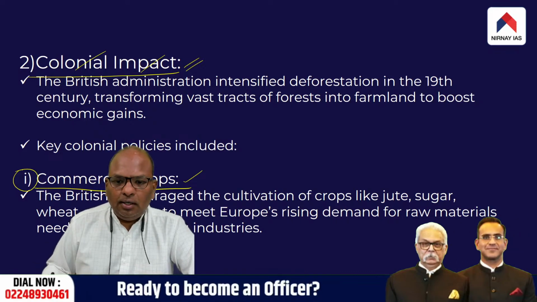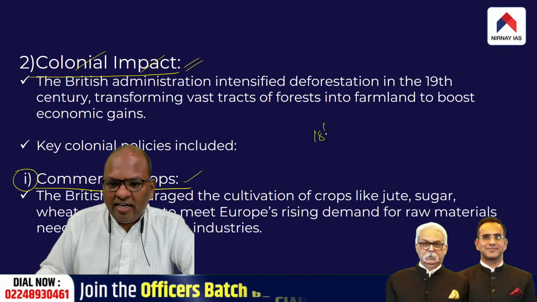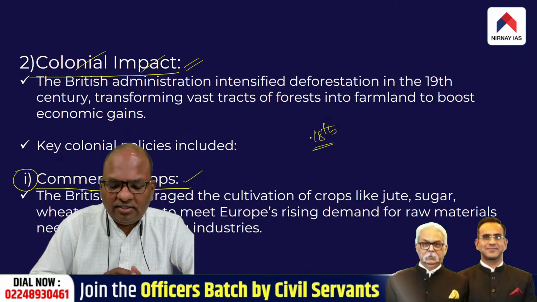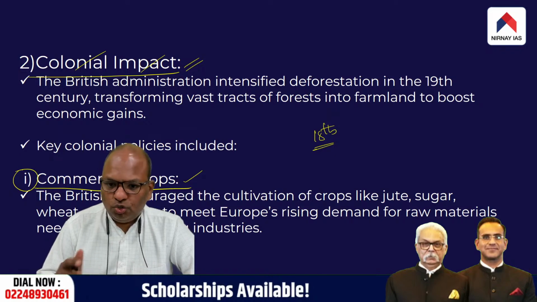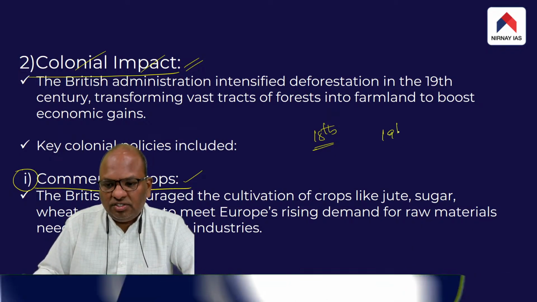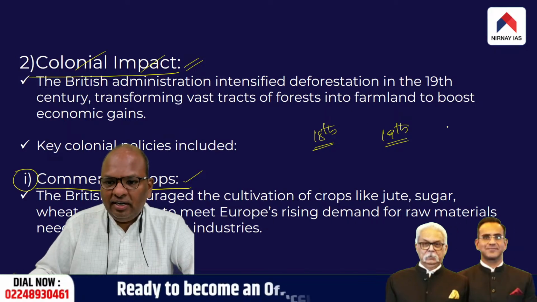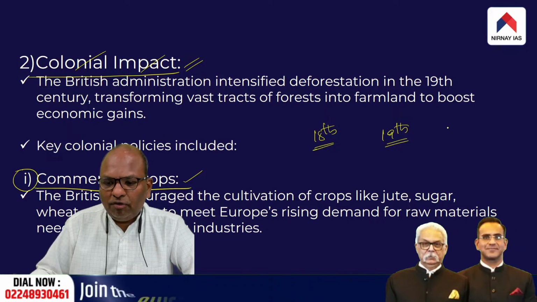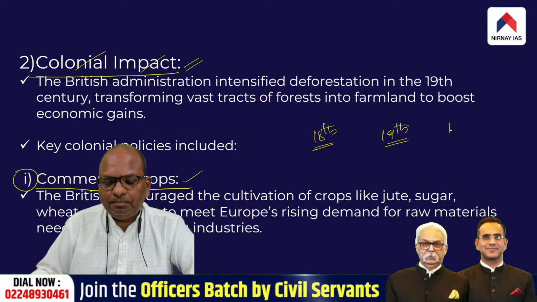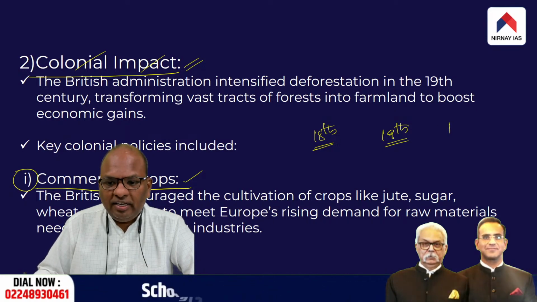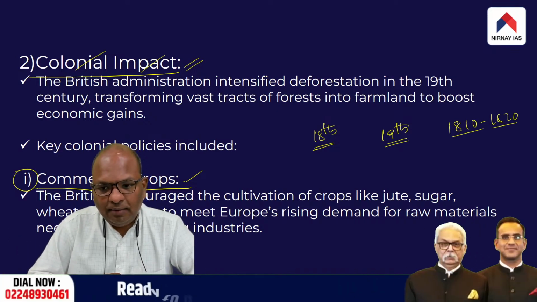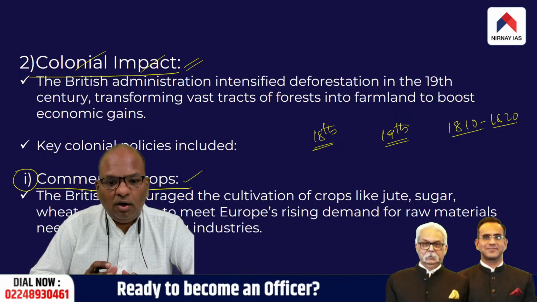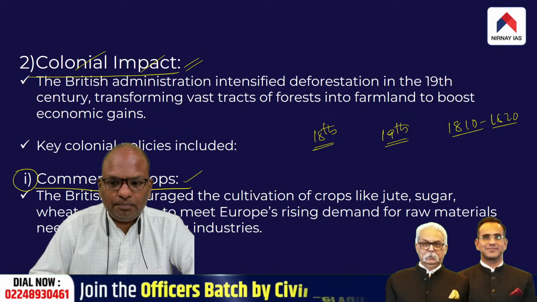For example, in the middle of the 18th century AD, a part of India came under British rule, and by the beginning of the 19th century AD, that is by 1810, 1820, large parts of India were already under British control.